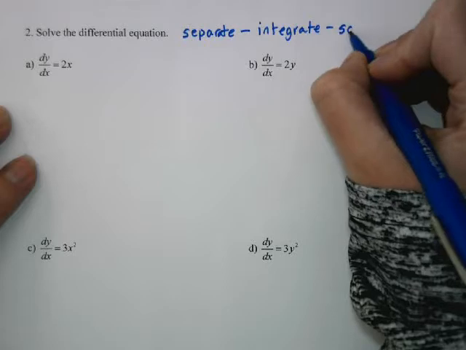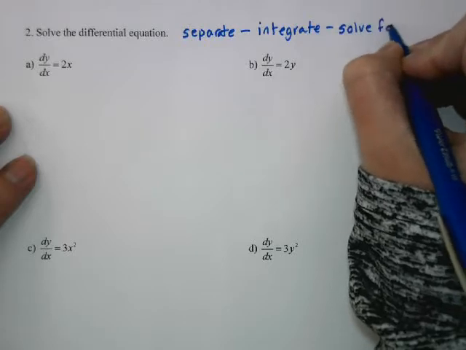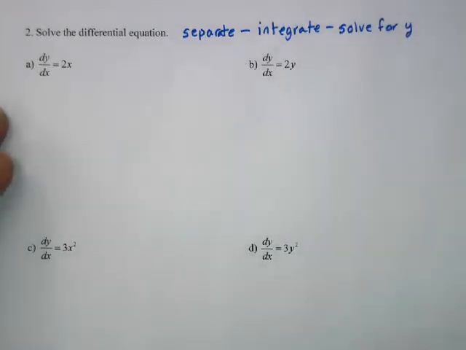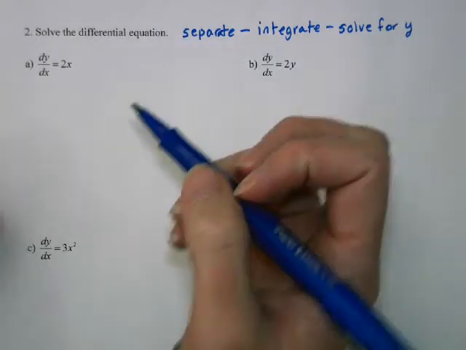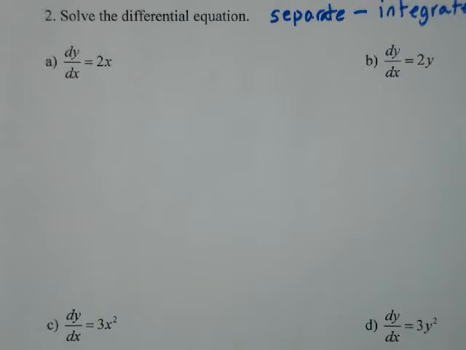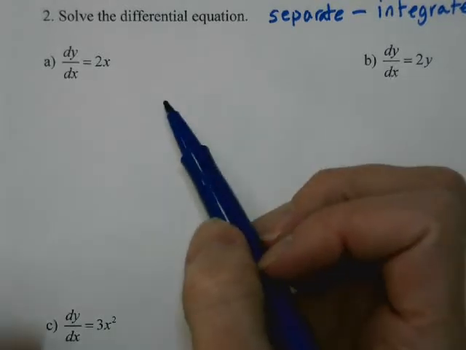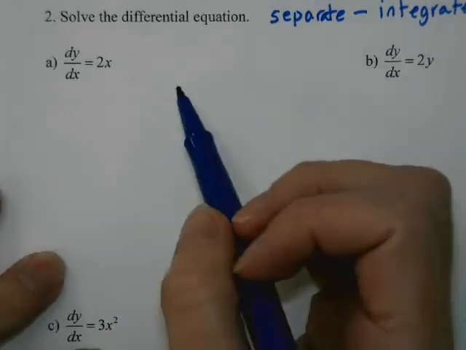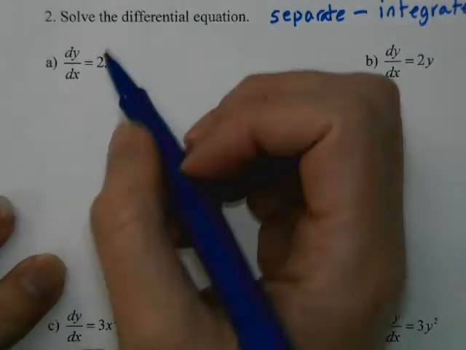Then, if possible, we're going to solve for y. Okay, so we separate the variables. So we're putting all the x's on one side and all the y's on this side.